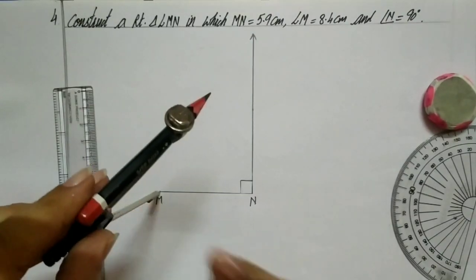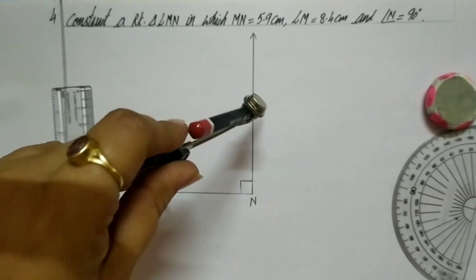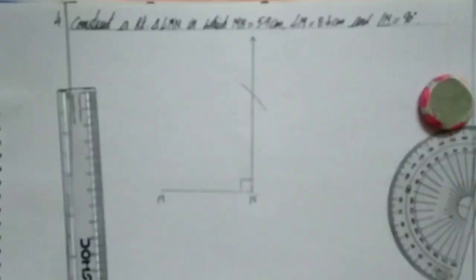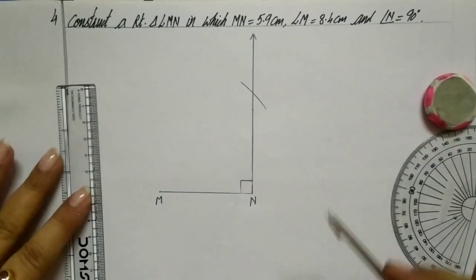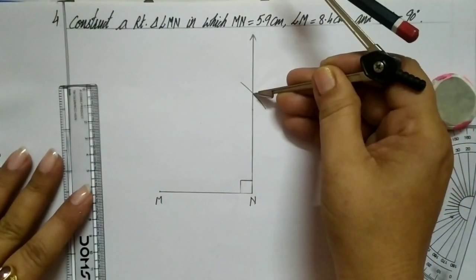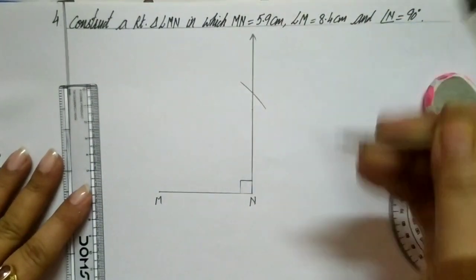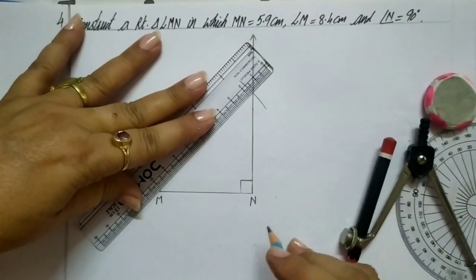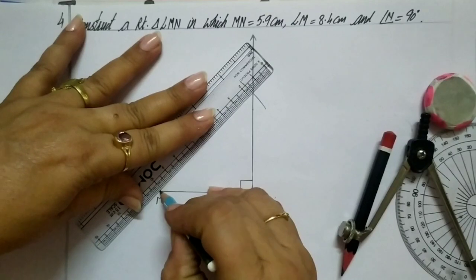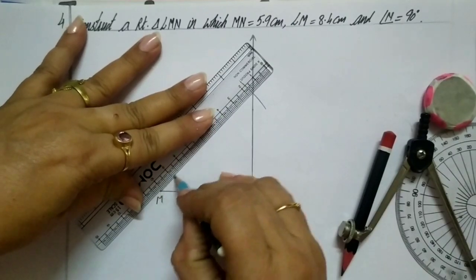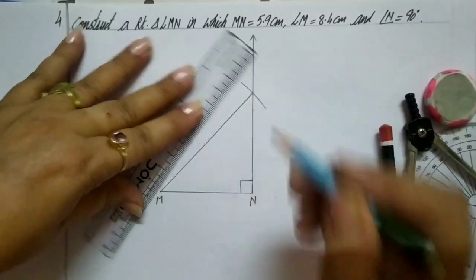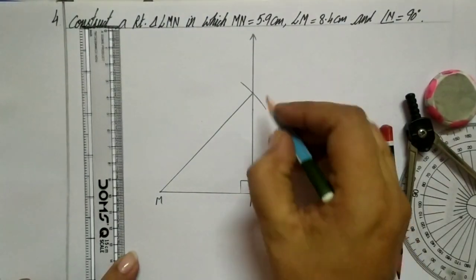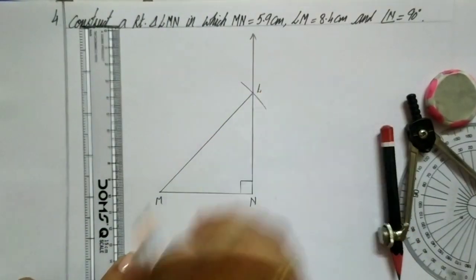Then we have to mark a convenient arc on the arm of the angle of 90 degree. Now just make a hole over there and then join M with the point of intersection of this arc and the arm of the angle. This is MN and it's L.